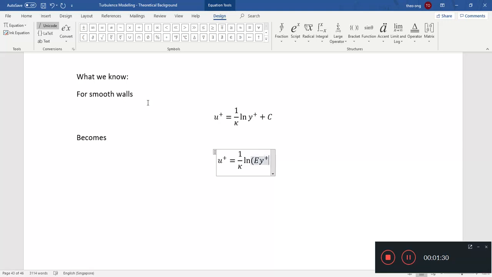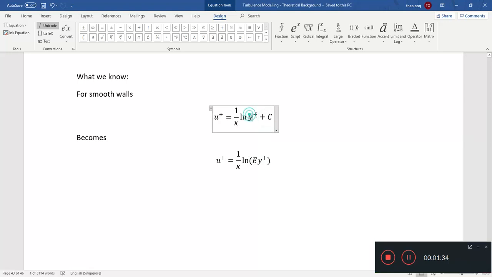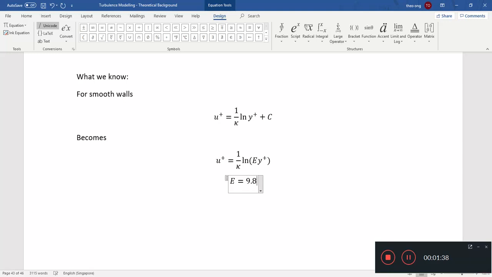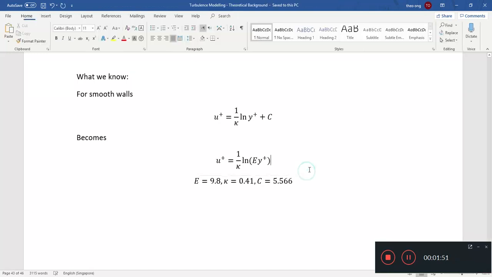So this e is what you get when you combine this c into the ln term. Then e equals 9.8, kappa equals 0.41, and c equals 5.56. This is what we were dealing with last time.